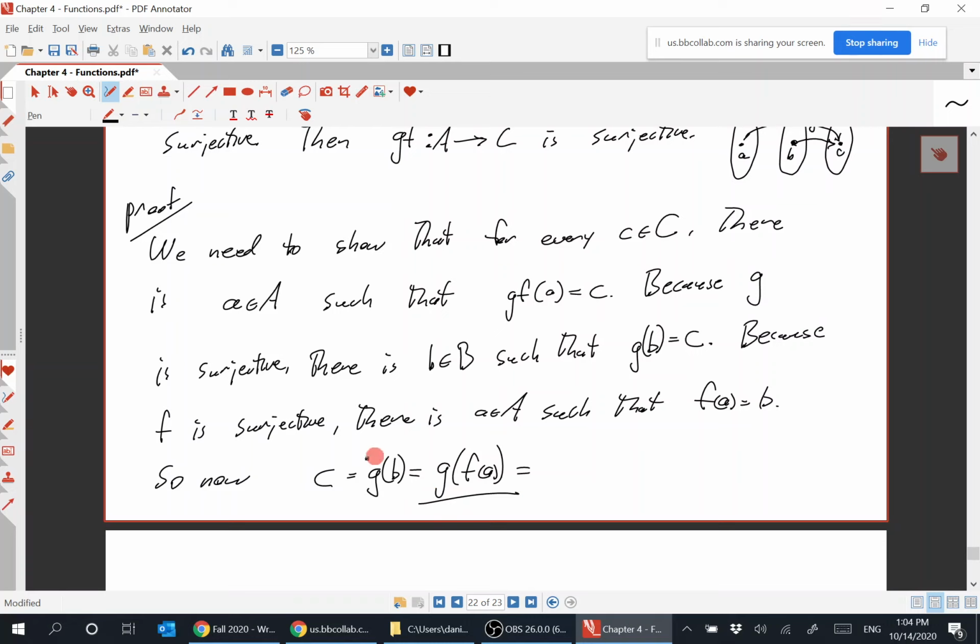By definition, g following f of a, the meaning of this is that, right? And this is what we wanted to show. Now we've got it, as required.